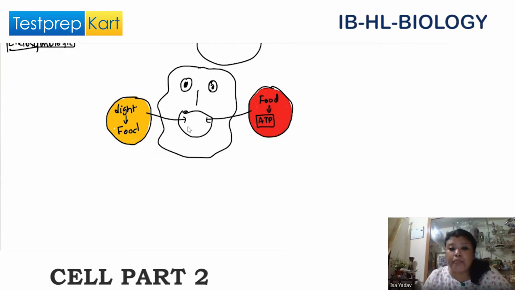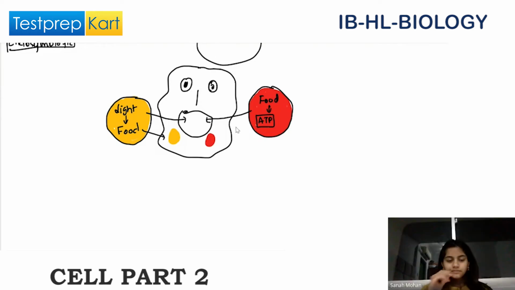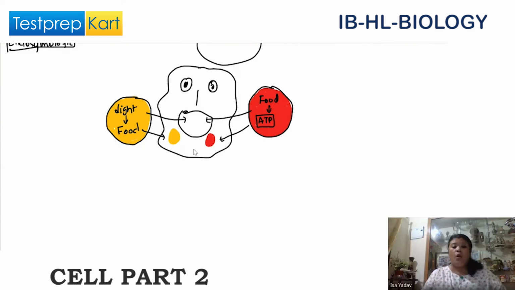Once he eats them, after that, what happens? These cells are inside his stomach now. See this red color, this yellow color. Are you understanding? So red color, yellow color was producing what? Food.